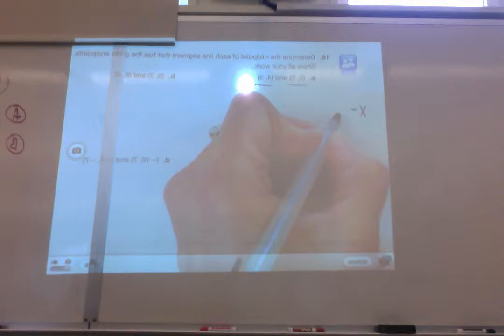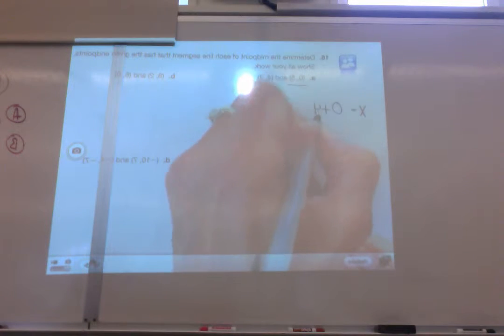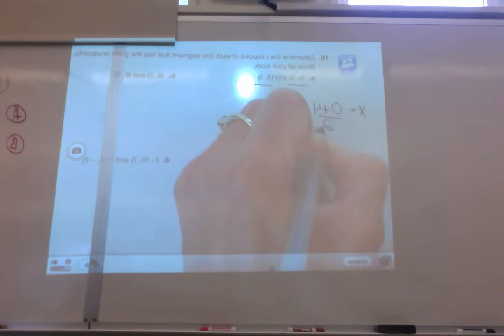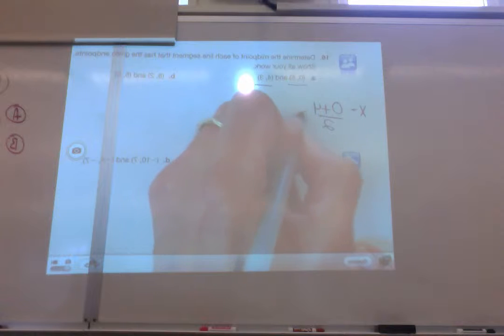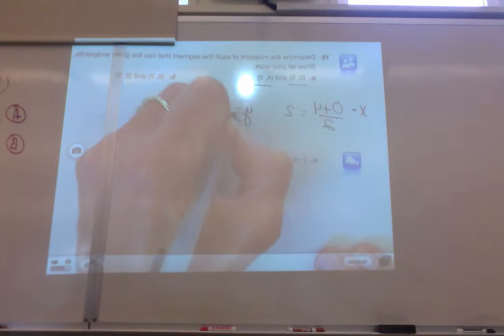We're going to add the 0 and the 4, right? What else do I need to do to them? One more thing. Oh, divide by 2. Thank you. What's 0 plus 4 divided by 2? 2. Thank you.